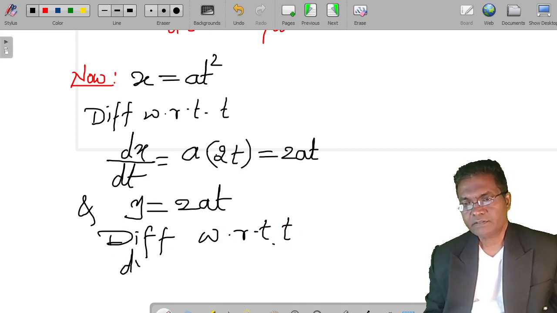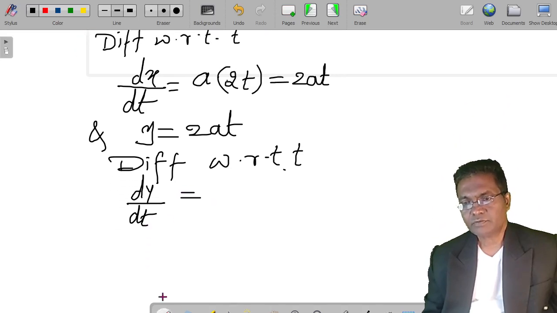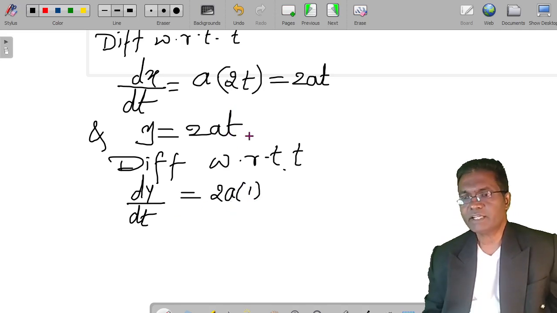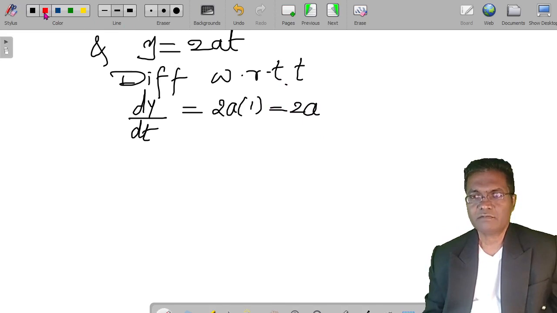So again, dy by dt is equal to 2a constant and the derivative of t with respect to t is 1. Like how the derivative of x with respect to x is 1. So in the same way, the derivative of t with respect to t is 1. So which is 2a.